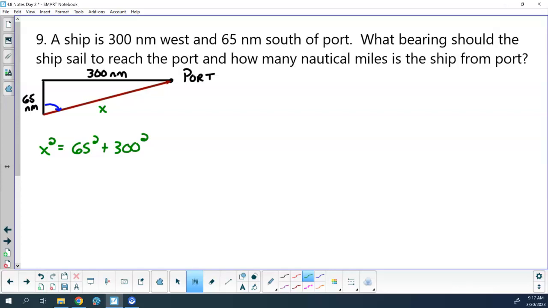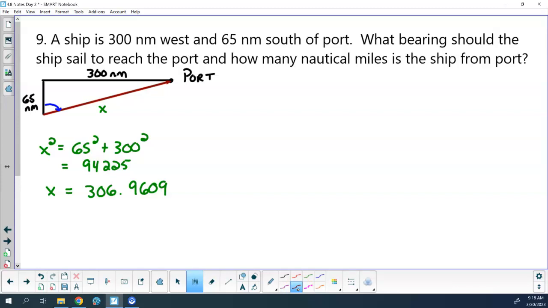So that's going to be 94,225. So x is going to be that.